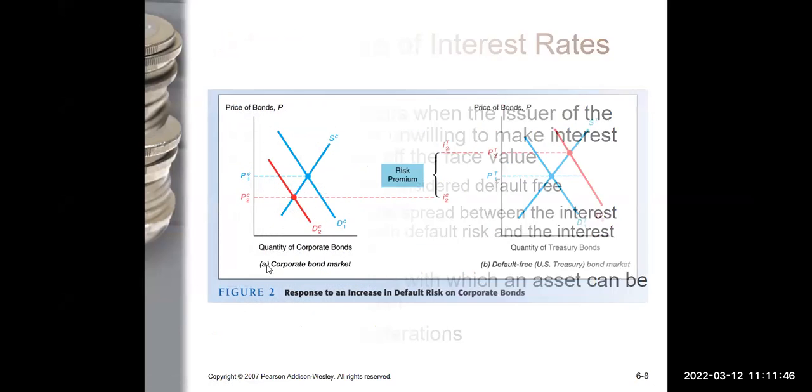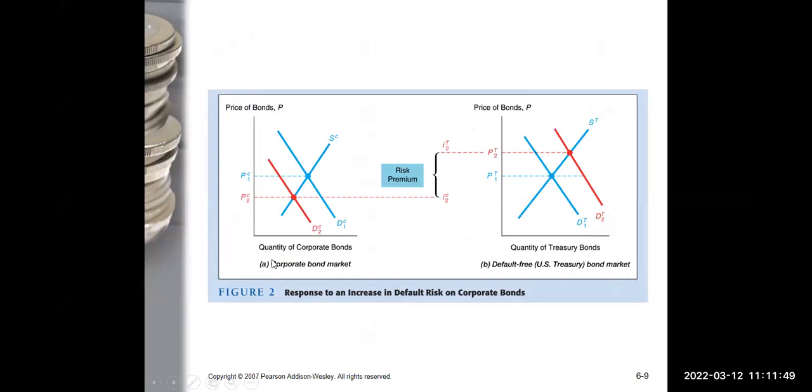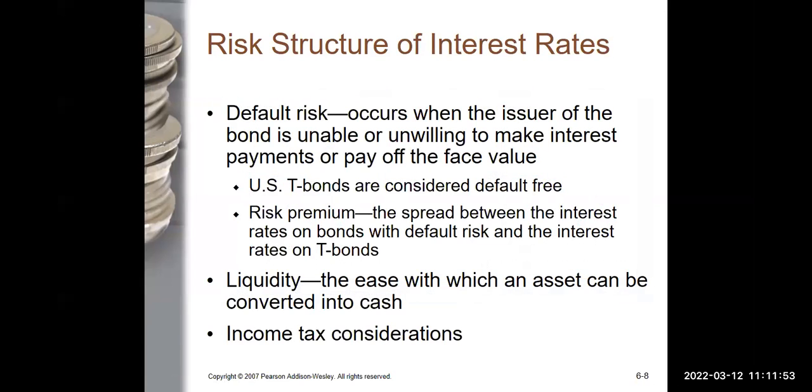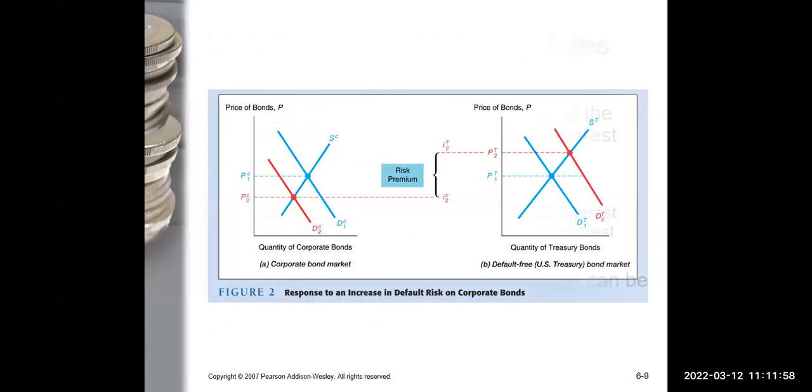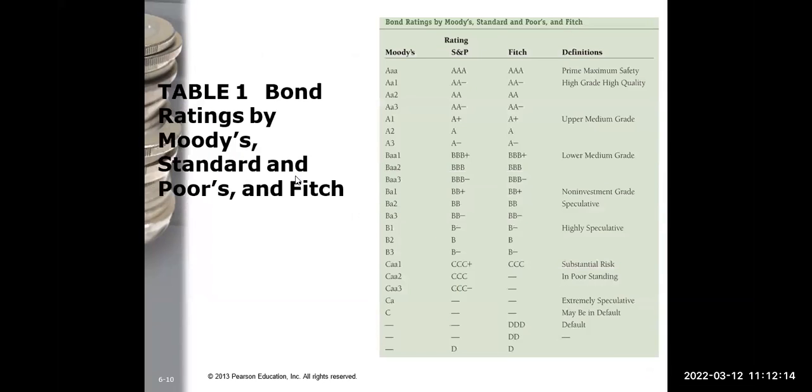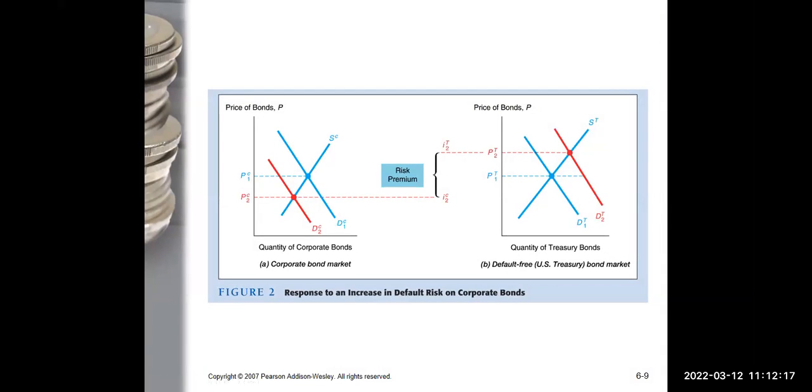So when you try to buy a bond, you always look at three basic things: the default risk, the liquidity of that bond, and the income tax considerations. Now look at the graph on your left hand side, and look at the graph on your right hand side.